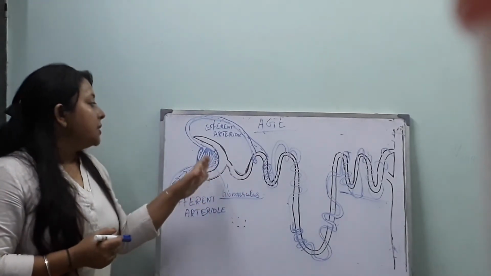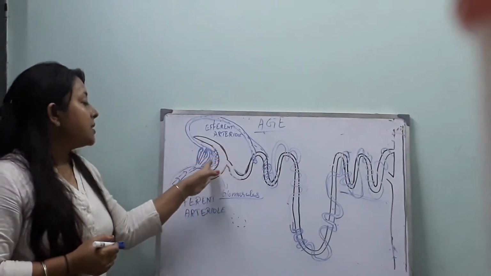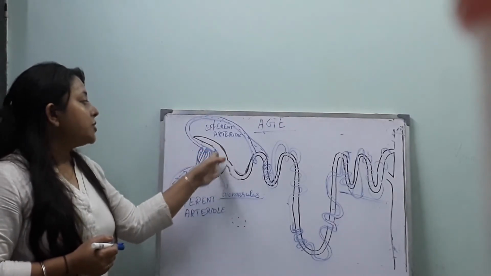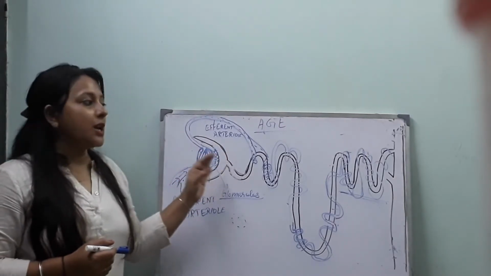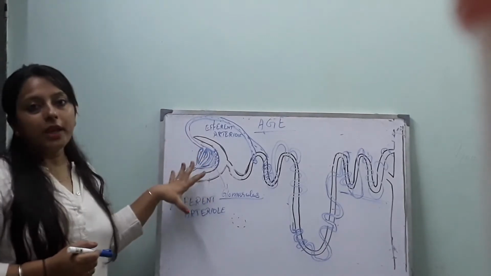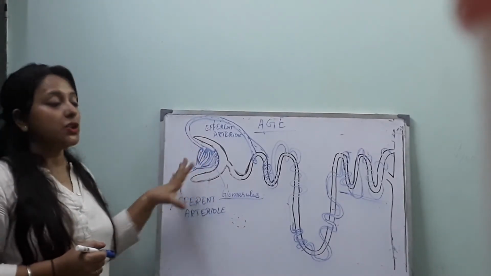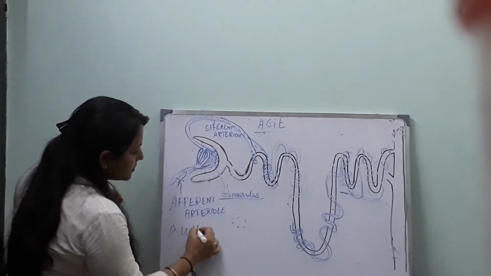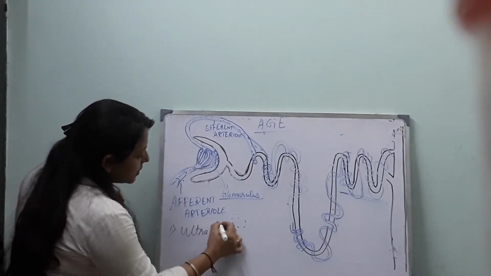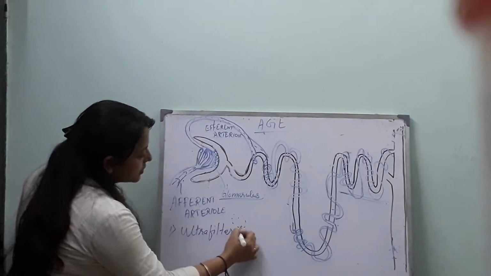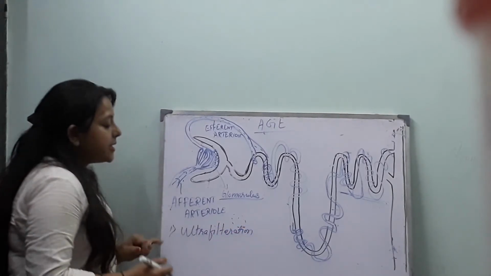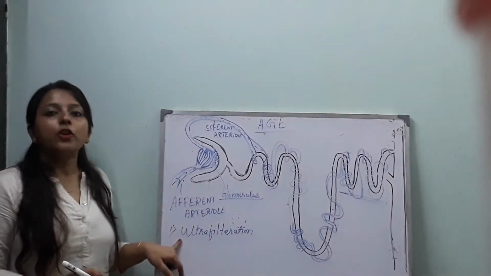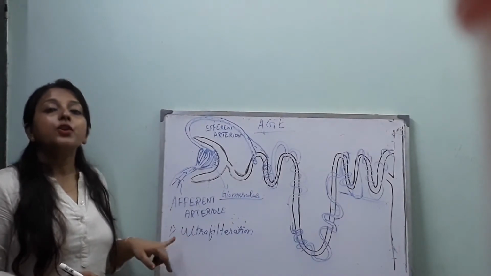The substances which come out and settle here are called filtrate, and the process of filtering is called ultrafiltration. This is the first phenomenon of urine formation.